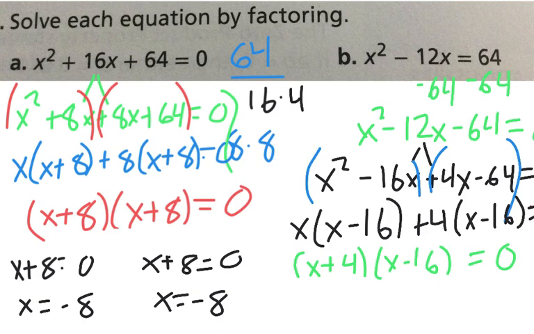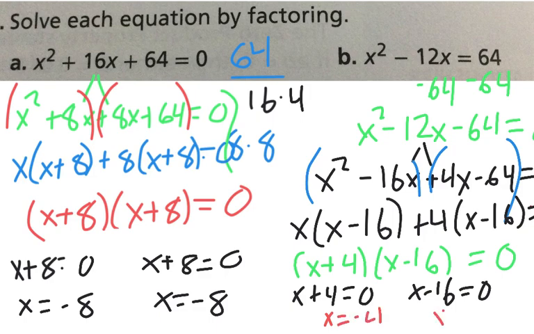Everybody with me to this point? Two things multiply to give me 0. That means either the first parenthesis is 0 or the second one is 0. You hear I'm saying that? That's always my wording. I say it just like that every time. Subtract 4, add 16. So the x-intercepts are at negative 4 and 16. Those are the solutions.